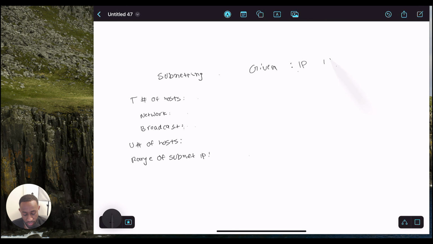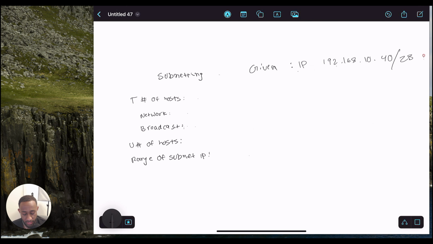The IP can just be, let's just say, 192.168.10.40. So you're given this IP, and then you may also be given a subnet, like slash 28. So now you're given this, and you're asked, how can we subnet this?